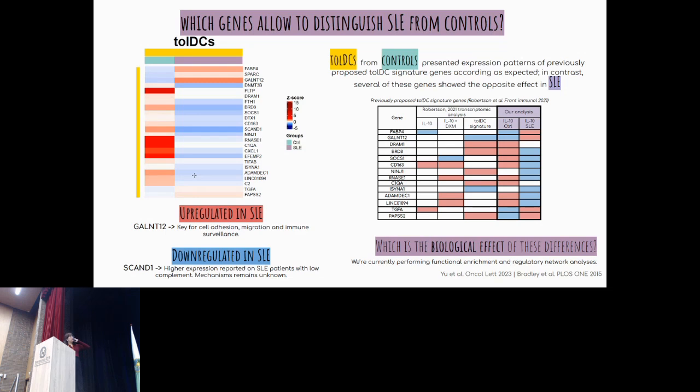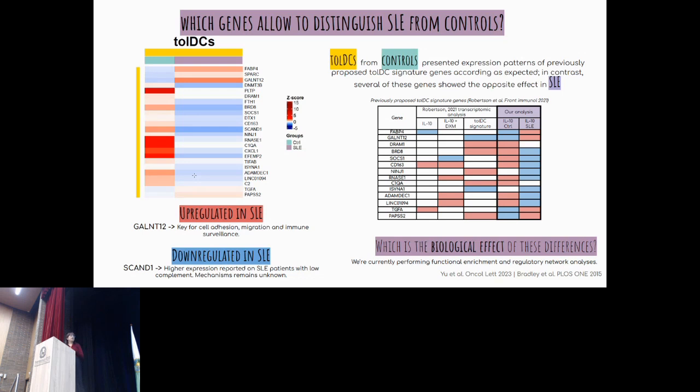In this previous work, they proposed a tolDC signature of genes. And we observed, in the third column in the table, that the expression previously observed in tolDCs is the same that we are recovering from our controls. But when we look at these genes in lupus, we can observe the opposite effect in their expression. So we see differences in this set of genes previously associated with this phenotype.